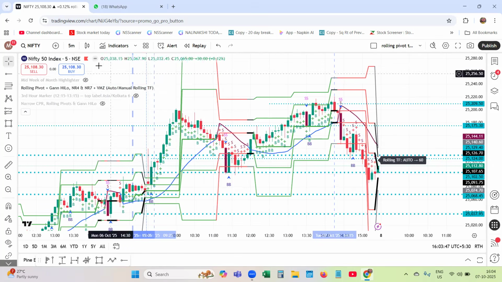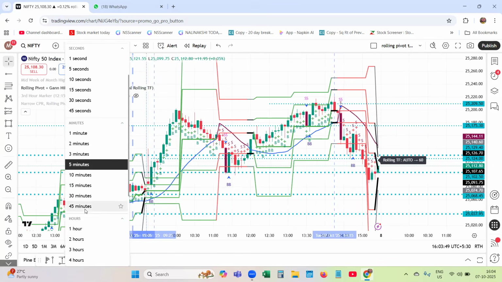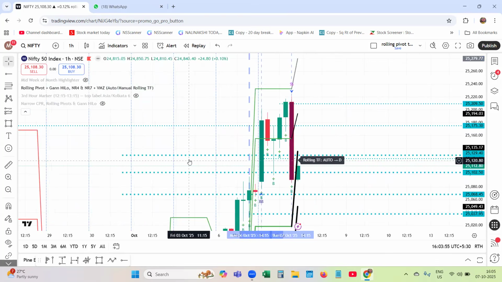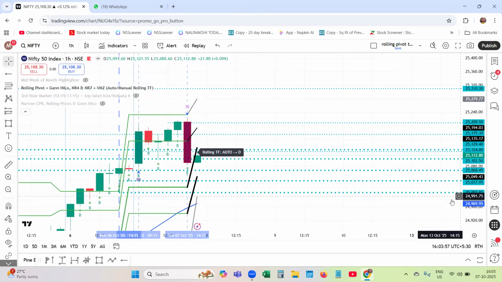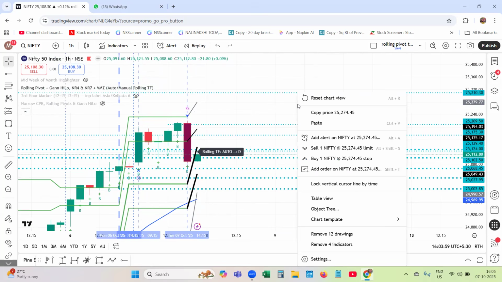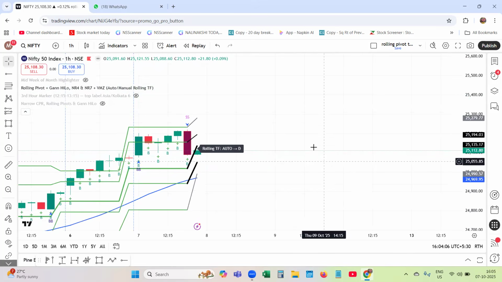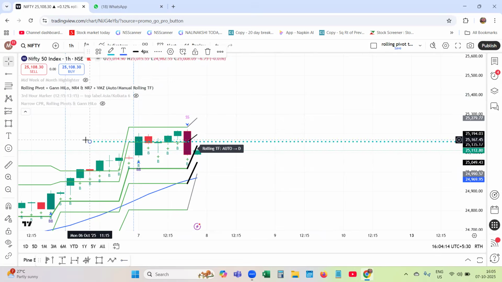If I change the time frame to daily, no, let me change it to hourly, then it automatically shifts to daily pivot levels. Let me remove these drawings and let me mark the levels for tomorrow. See, Gann HiLo is here, price is above, and these are my levels for tomorrow.